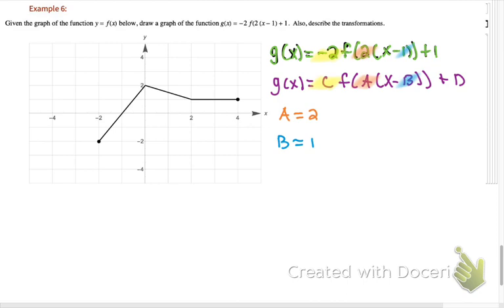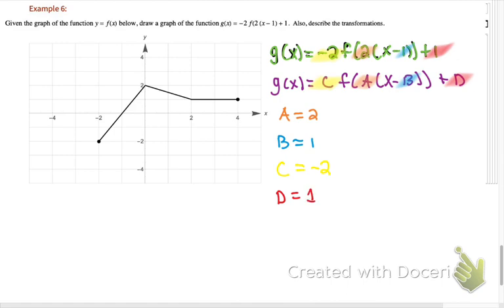That becomes our capital C. Hopefully y'all can see the C equals -2 in yellow. And maybe I'll just do the last one here in red. The +1 on the back is the same as the plus D in the general form. So D is actually +1.